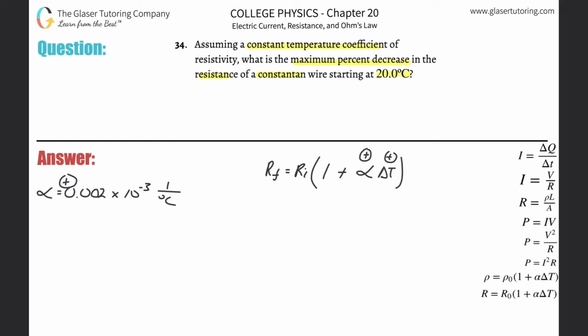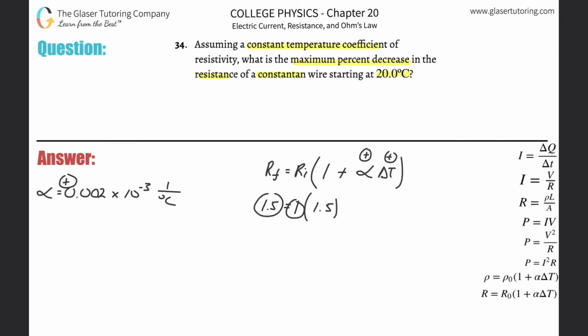If I multiply that by my initial resistance, the final resistance has to be larger than the initial. For example, 1 times 1.5 is 1.5, so the final is larger than the initial.